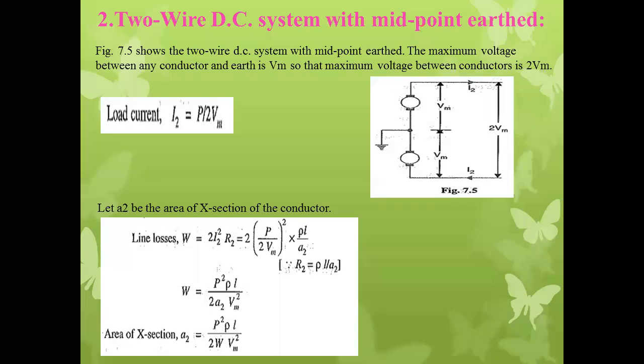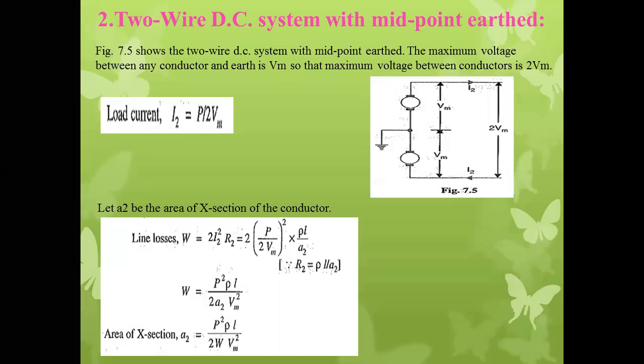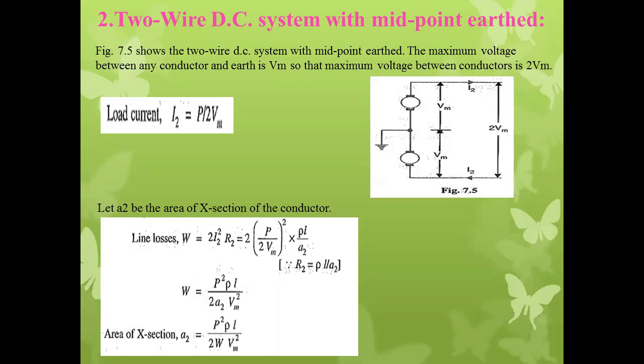So the volume of conductor required is also greater than that of the second case.